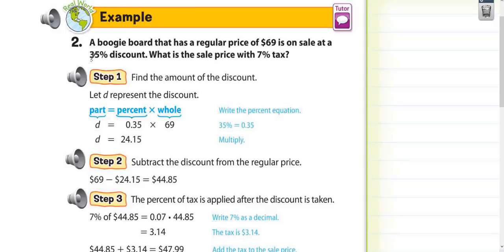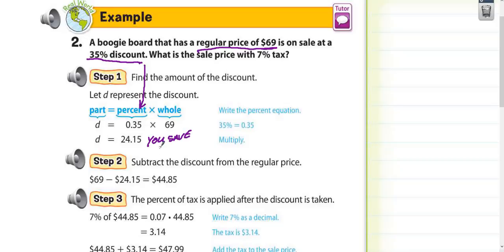Step one, they took the 35% discount, they changed it into a decimal, and they multiplied it by the cost of the item. Regular price was $69. And they got $24.15. This is what you save.